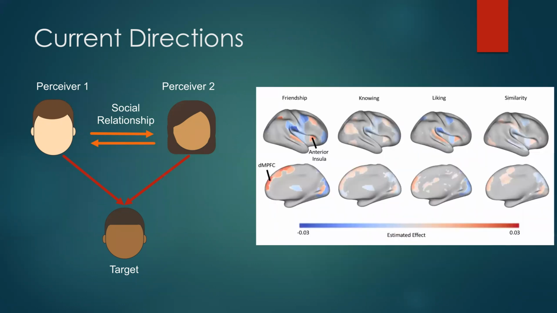We found that higher levels of friendship between these people, and of knowing and liking, and how similar they were to these other people, were significantly predictive of the degrees of similarity in representations in certain brain regions, particularly ones that we know to be involved in social cognition, like the dorsal medial prefrontal cortex or the anterior insula, 2 regions you see implicated here in all 4 of these social relationship measures, such that higher degrees of friendship and knowing and liking and similarity were associated with higher degrees of similarity in those regions.